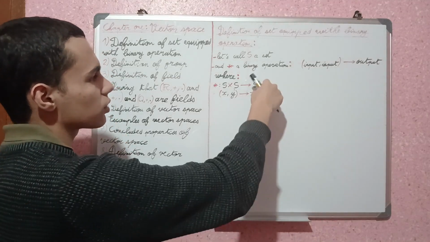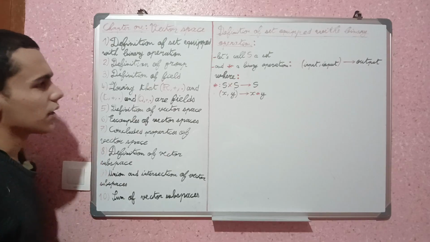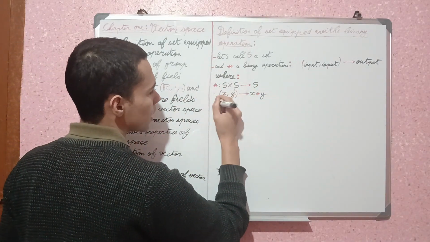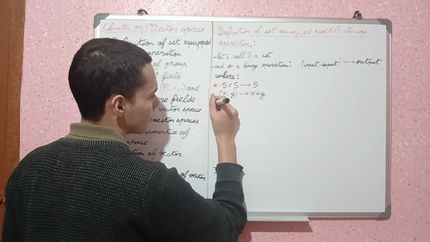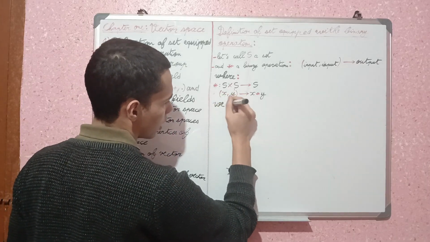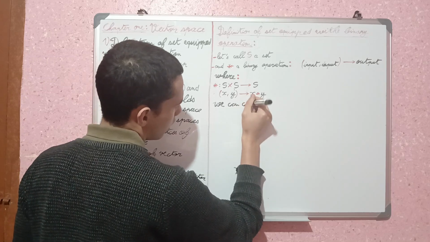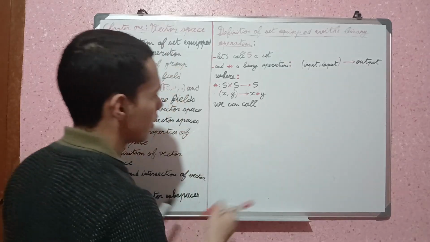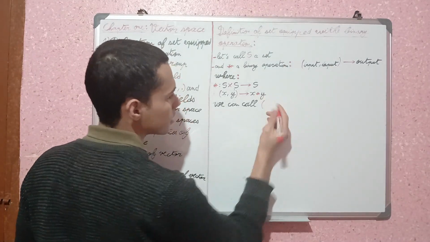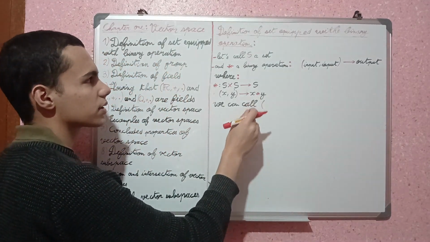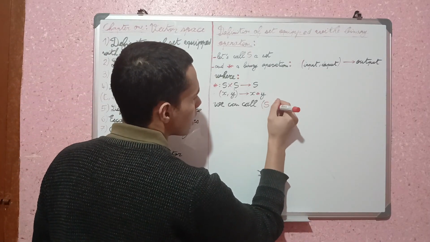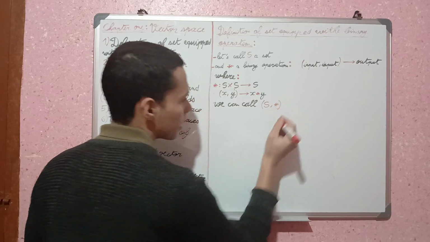This also belongs to S. If we have this system, the symbol of a set equipped with a binary operation is (S, star), like this.